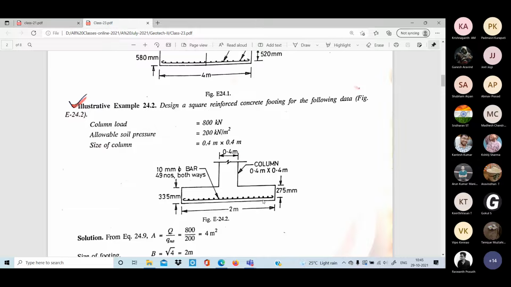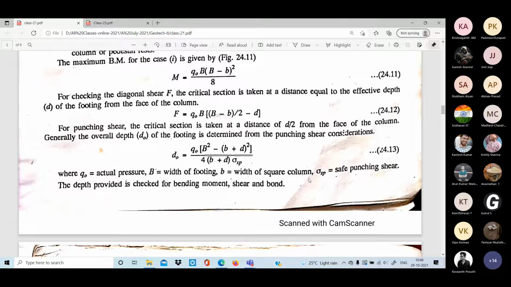Whether it may be beams, columns or slabs, the IS code gives some cover also. We have to follow that and provide the reinforcement here. That's what is given.